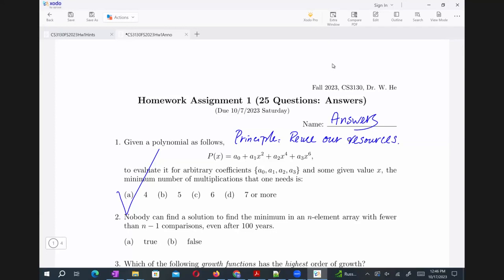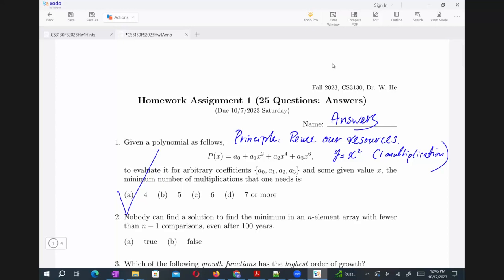Here, this resource is x squared. To get x squared, we need 1 multiplication. So we should reuse it as much as we can. So we store it in a variable, let's use y here.